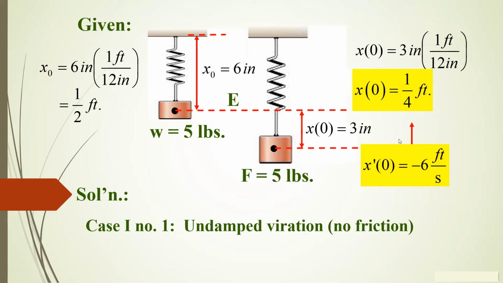Okay, now if I ask you, case 1, number 1, F1 plus F2 plus F3 equals 0 or equals F4. But it says there, no damping, and since no friction was mentioned, automatically F3 becomes 0.